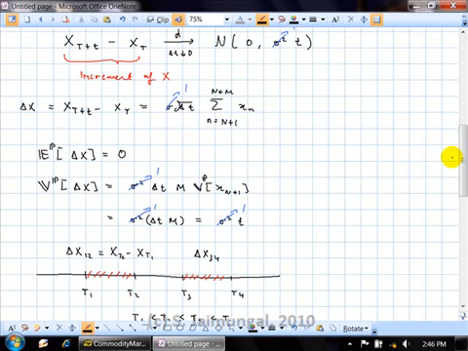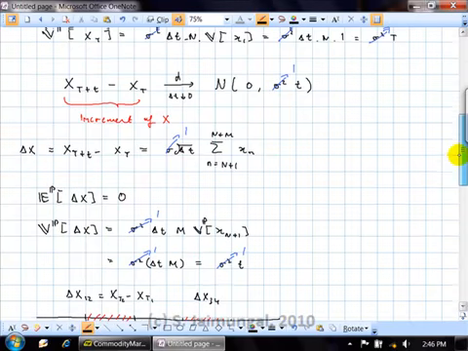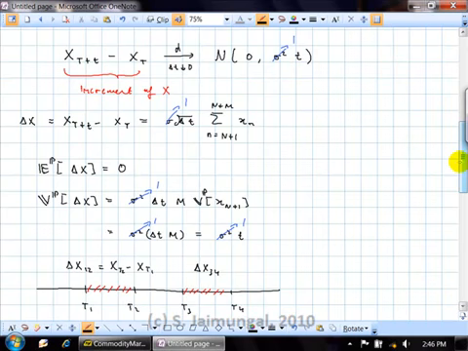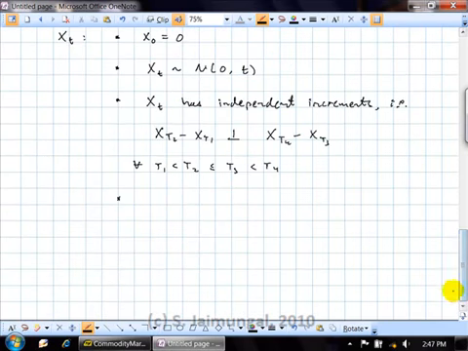This is what's called a stationary distribution. It only depends on the width of the increment. It's not always true. I can construct a lot of processes which depend not just on the width of the increment, but also on where you start. This doesn't depend on where I start. In this increment, we started at capital T, but its distribution doesn't depend on capital T. So we have that xt has stationary increments.